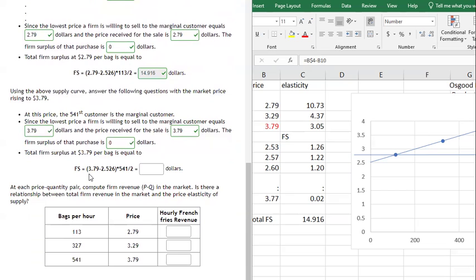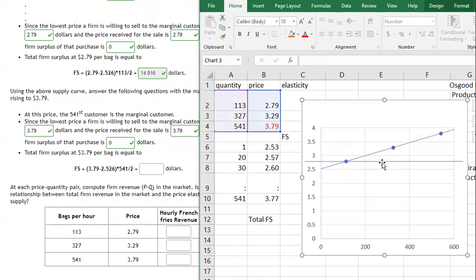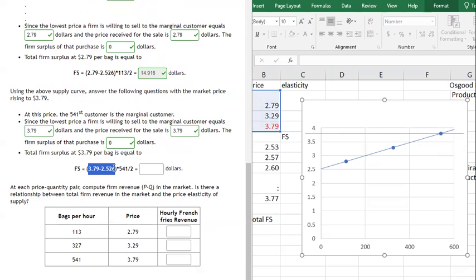Now we got to calculate the firm surplus. So if we go back to our graph here, the new market price is 379, and the quantity supplied is 541. So the firm surplus is this bigger triangle. And the height of the triangle is the market price minus the intercept. Well, that is this value here. This is the intercept, and that's the new market price.